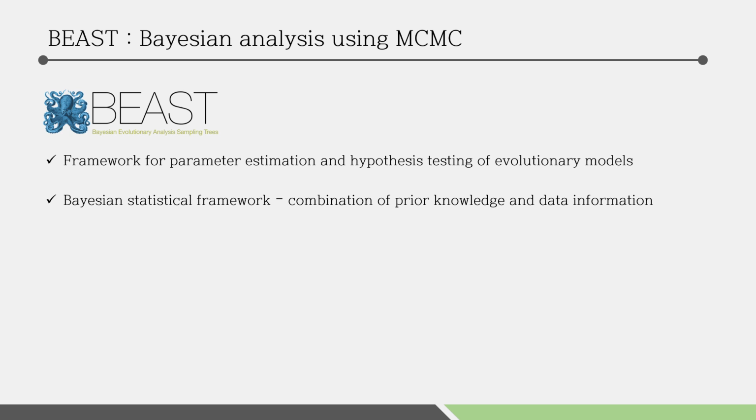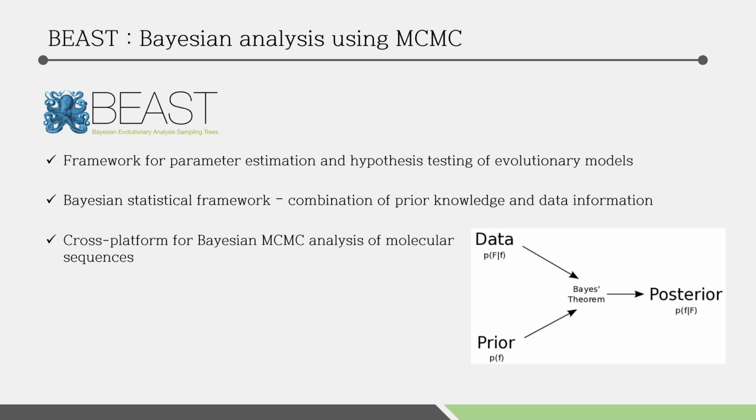It is very difficult to understand the algorithm, but to explain the Bayesian theory briefly, after an event occurs, the posterior probability of the cause of the event is obtained using prior information that is already known before the event occurs. Also, BEAST is cross-platform for Bayesian MCMC analysis of molecular sequence and is Java platform and open source.